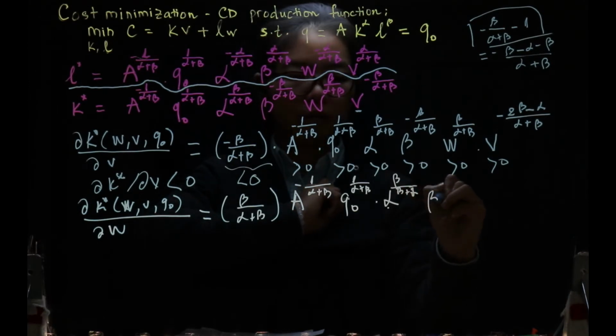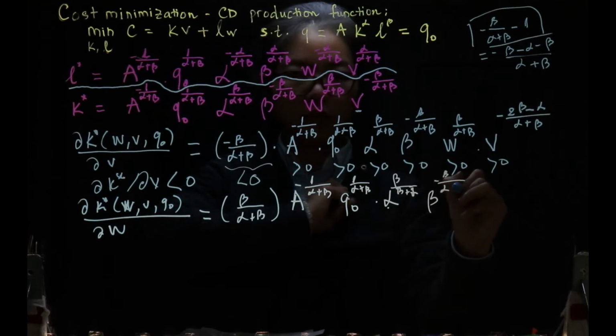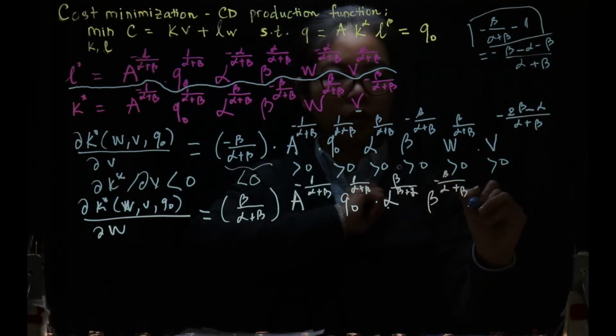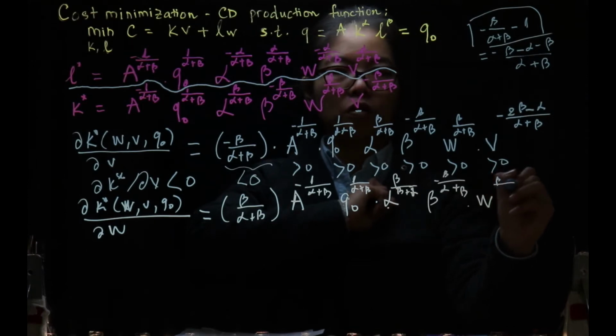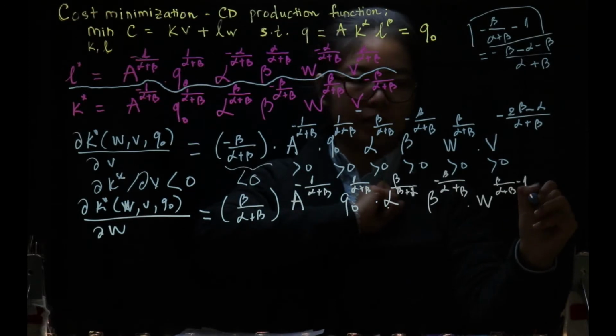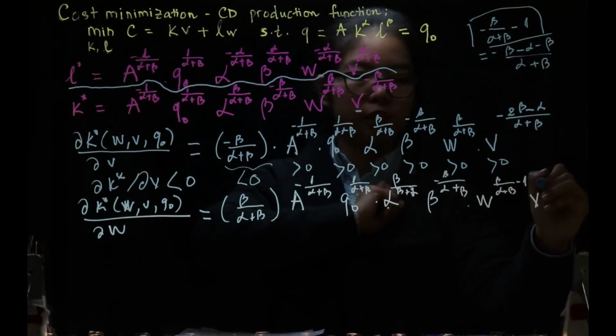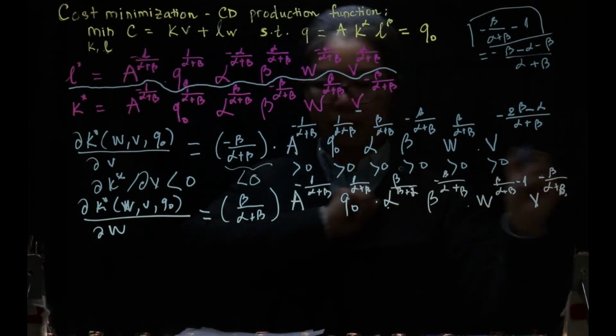I messed it up, but it is still correct. Minus beta over alpha plus beta, W to the power of beta over alpha plus beta minus 1. Now just leave it there, not important. So V to the power of minus beta over alpha plus beta could stay the same.